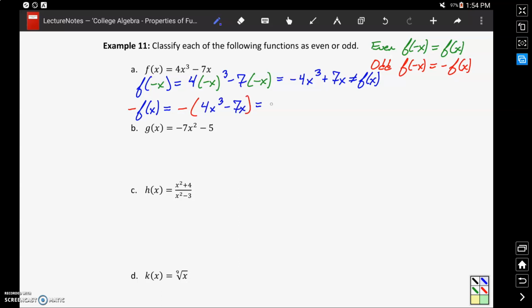Distributing that negative through would give us negative 4x cubed plus 7x. This result is exactly the same thing we came up with when we evaluated f of negative x, which tells us that we have an odd function.